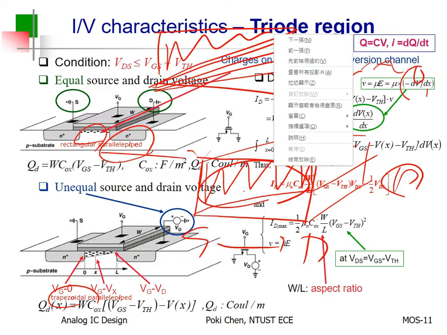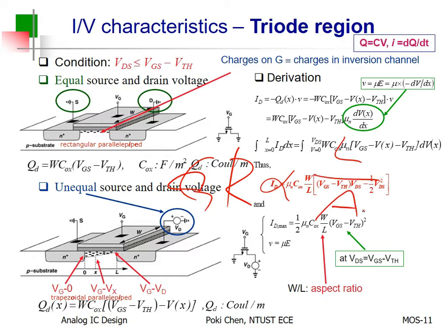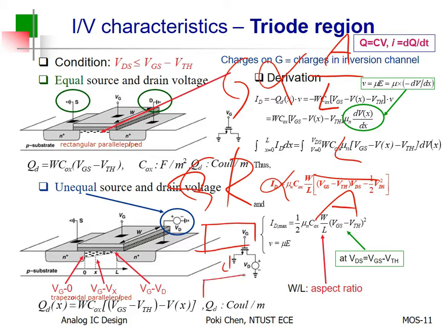Again, conductivity, or resistivity as you like. Resistance is proportional to length over area, so conductivity is proportional to area by length. You can see from this one to this one, the length is still the same.